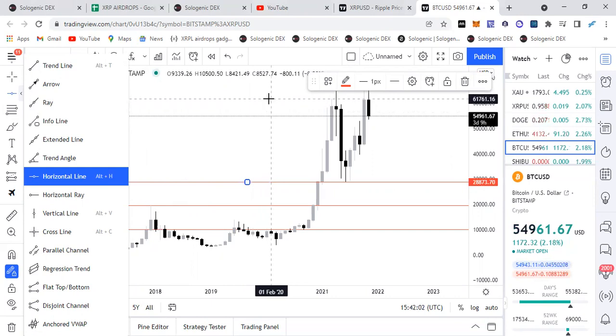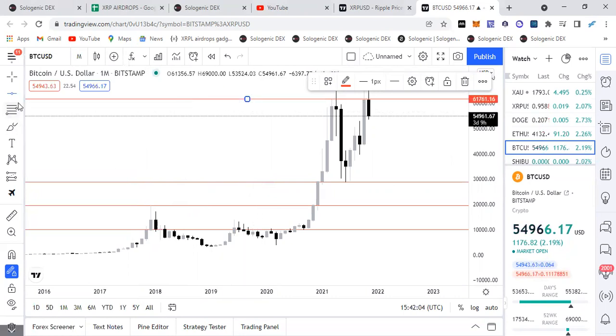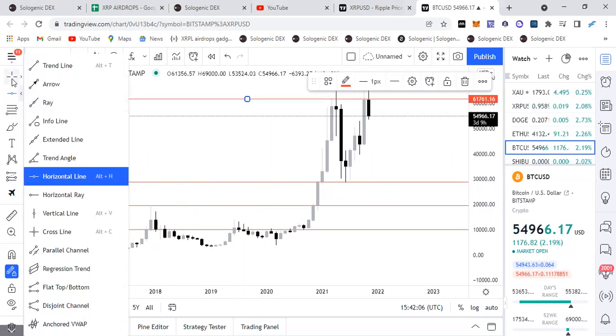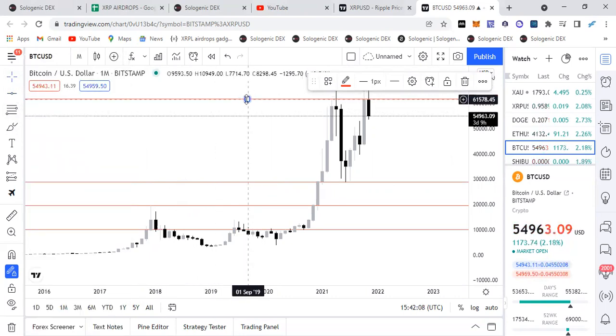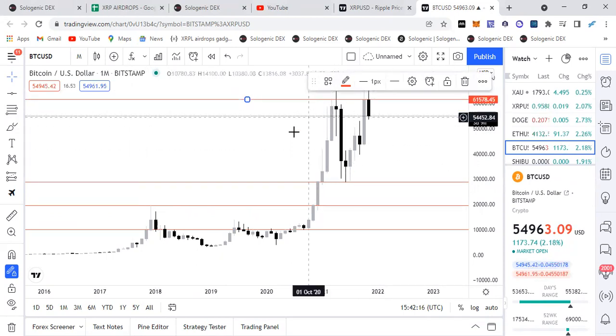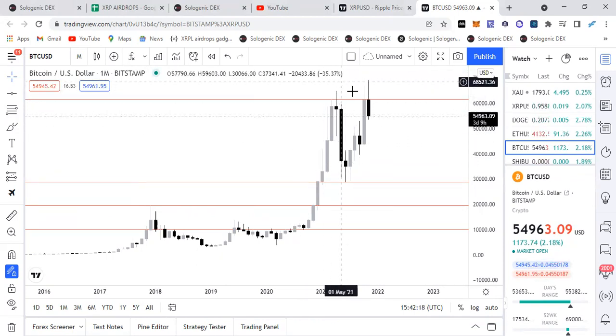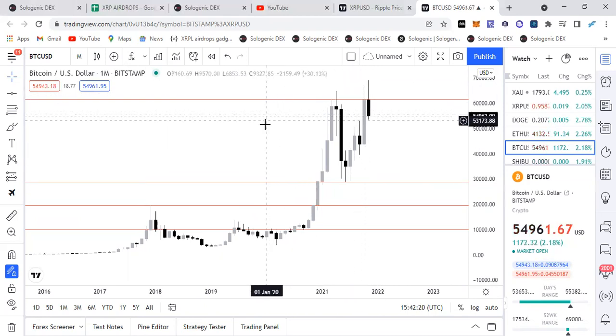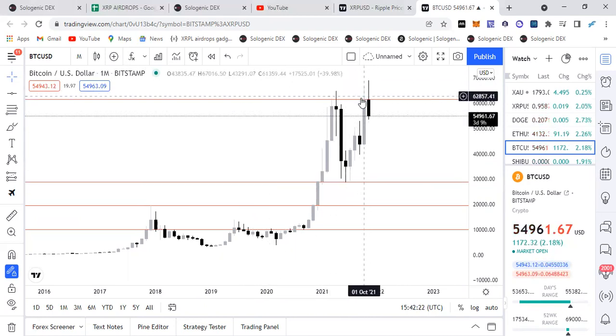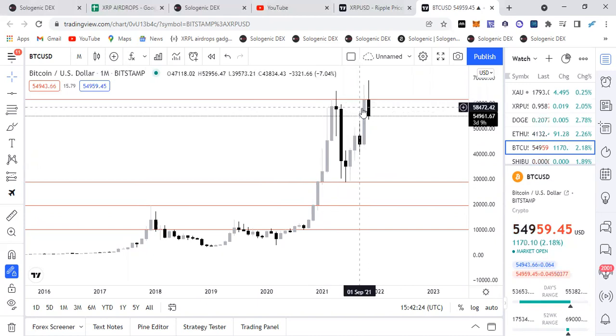The great thing about this is sometimes it's funny to see where these prices go just based off of these wicks, like these wicks right here. It's funny to see the price, usually on the other side, close right at those wicks.